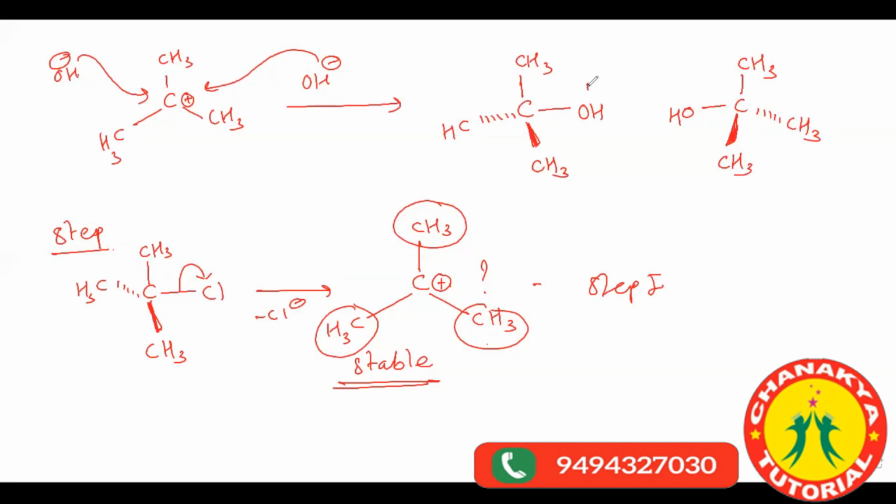If you see the configuration, all the groups are the same, so we can't say it is chiral, but you can understand from the position of OH that it is completely opposite, and these two products are mirror images of each other. Hence the products we get are a racemic mixture.